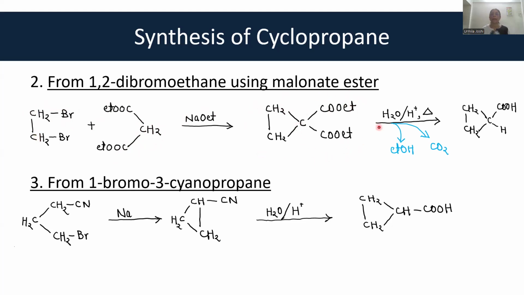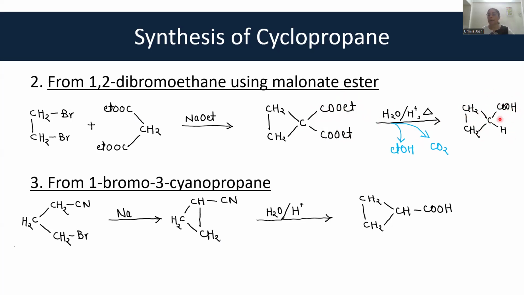Now, when there are two carboxylates attached to a carbon, when it is heated with water and acid, hydrolysis of the ester occurs, and this is followed by loss of carbon dioxide. So one group is removed, the other group is hydrolyzed, and what is formed is cyclopropane carboxylic acid.